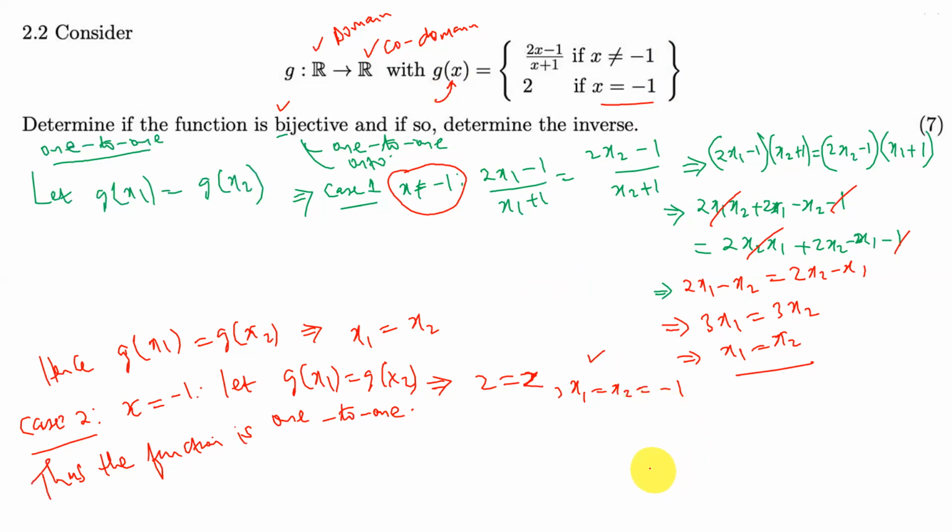Onto means I have a set of x values here, which we call the domain set. That's the domain. I have a set of values here we call the range.